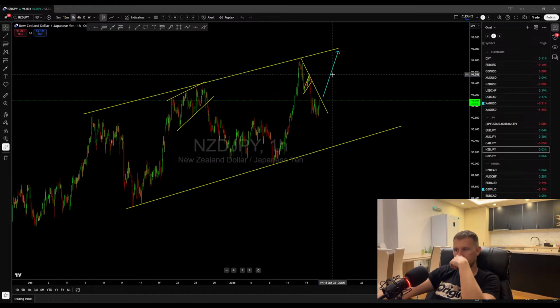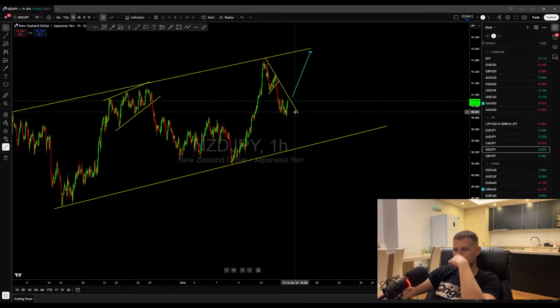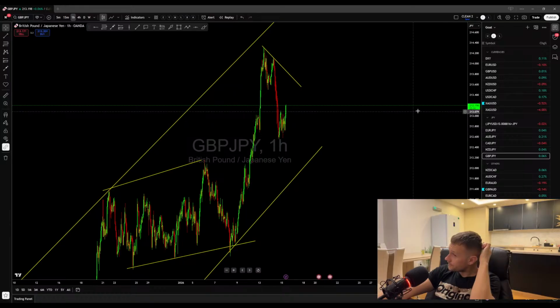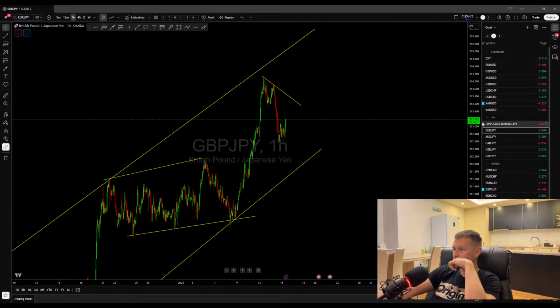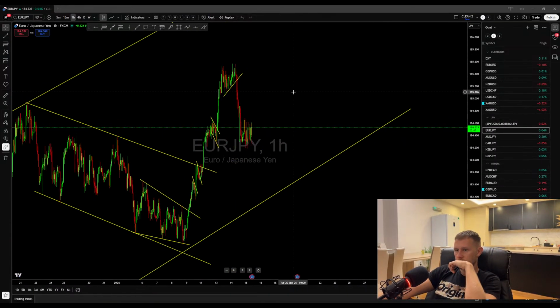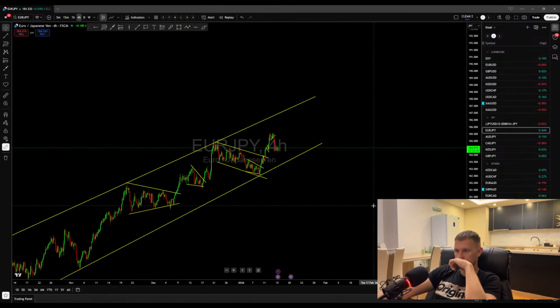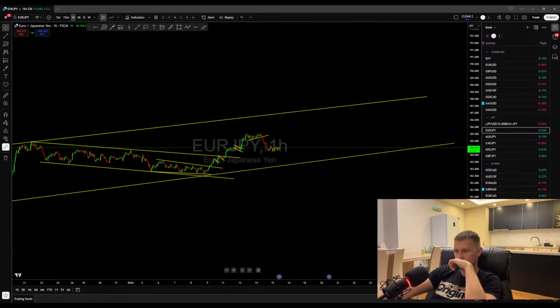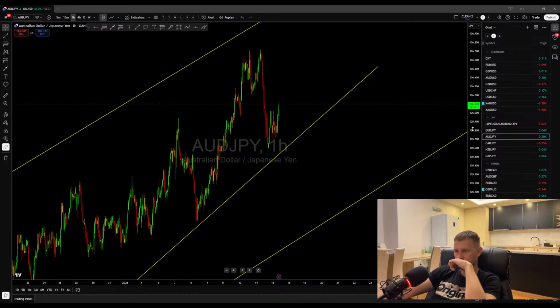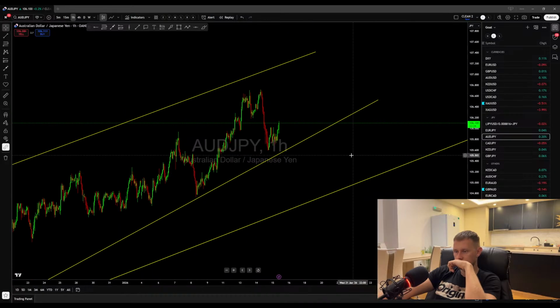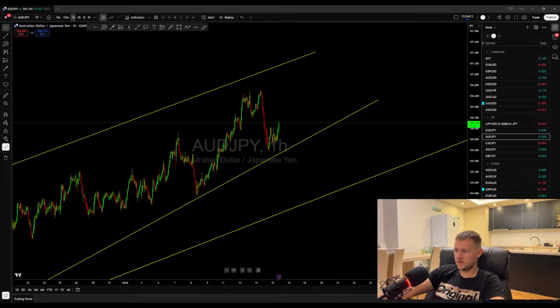This one can go up. I wouldn't take a sell. This one is just not making any sense currently to drop from the current price, current structure.